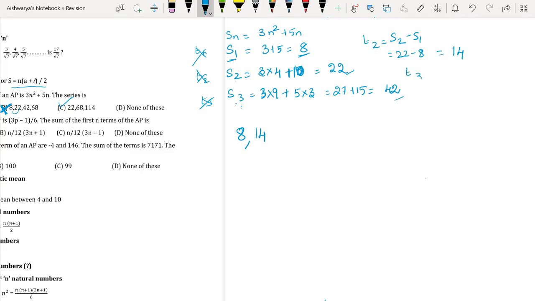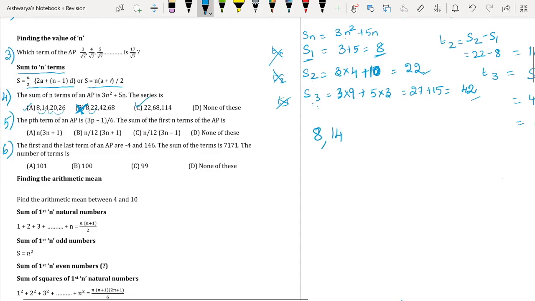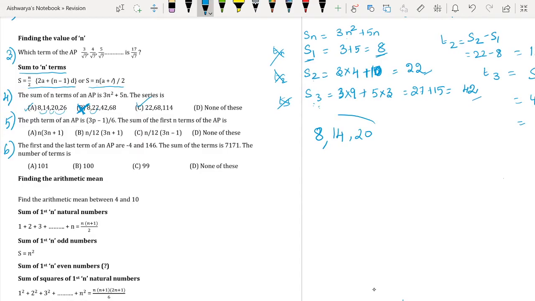Third term T3 will be the sum of three terms minus the sum of two terms. So 42 minus 22 will give you 20. Now you check which option it is matching. Option A.